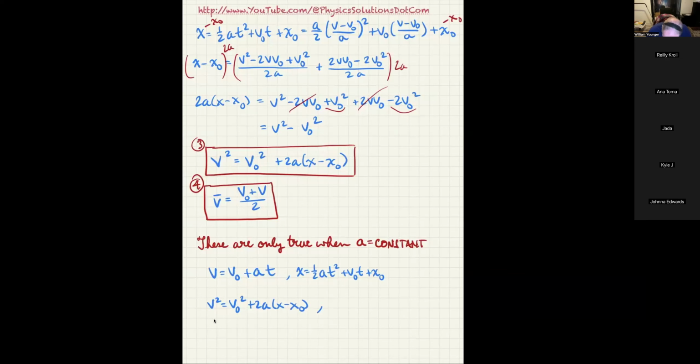And another equation we got was v bar is equal to, and you can write this just about any way you want, v0 plus v over 2. These equations are all only valid when the acceleration is a constant.